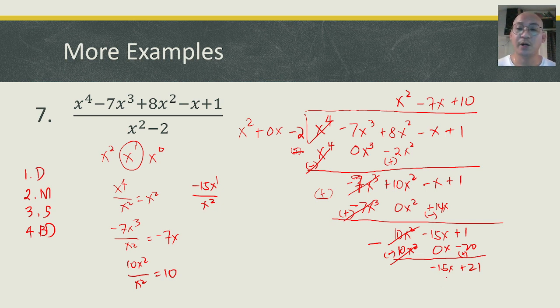So therefore, this is now our remainder. So as we write our remainder, plus negative 15x plus 21 divided by the divisor x squared minus 2. And this is now our quotient.